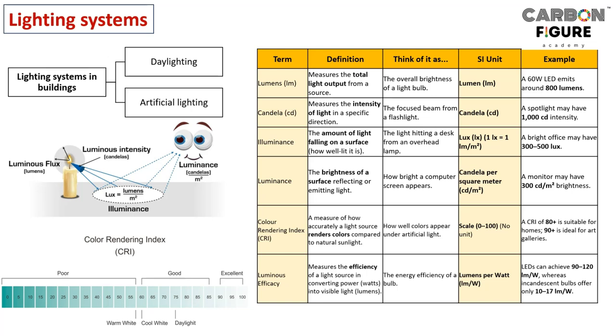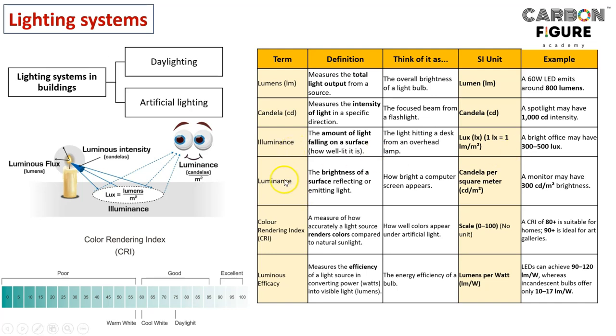Sometimes people say limelight, right? Illuminance is the amount of light falling on a given surface, how well lit it is, right? It is measured in lux. 1 lx is equal to 1 lm per meter square. A bright office may have 300 to 500 lux.